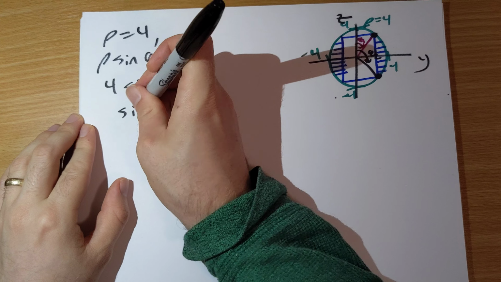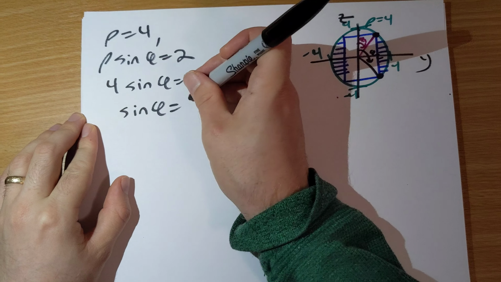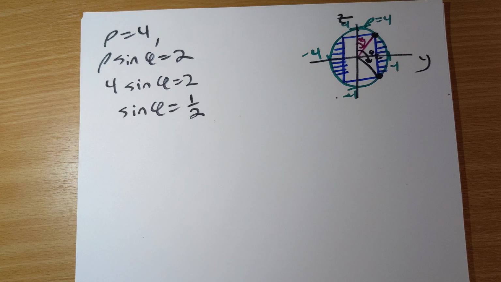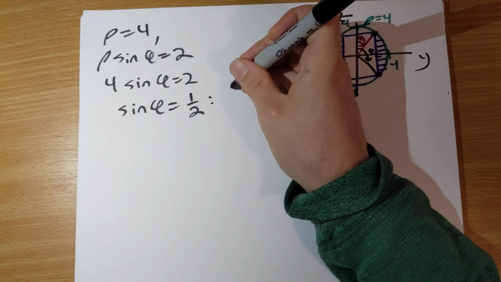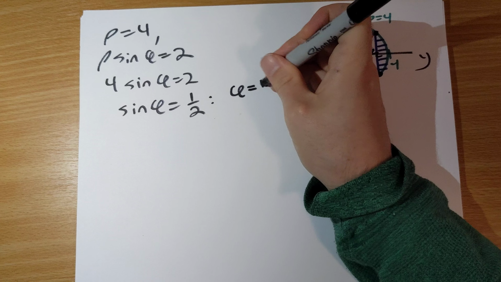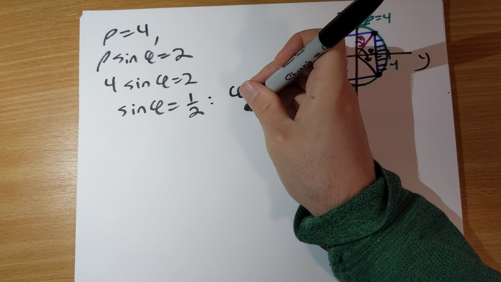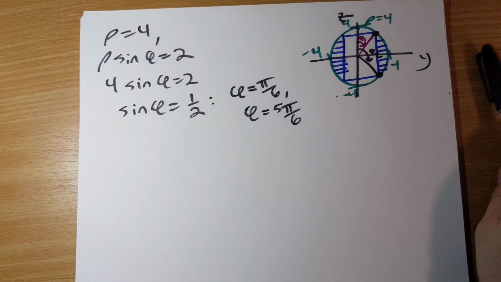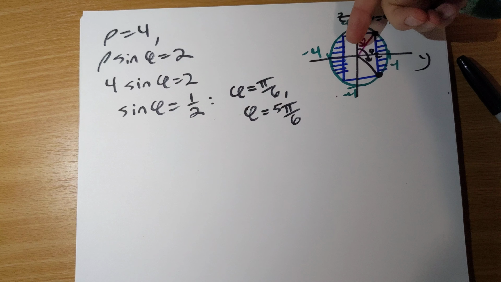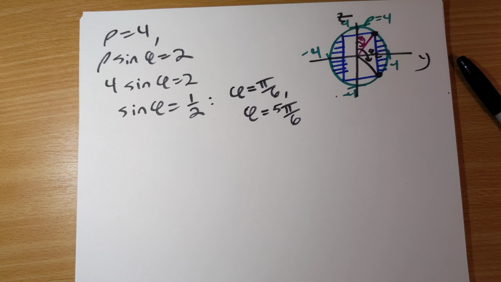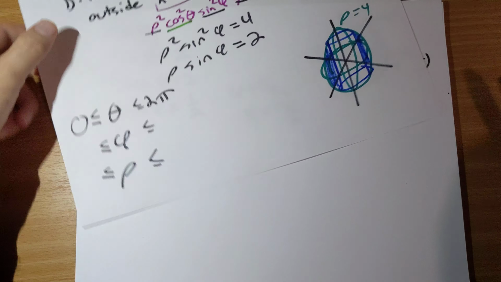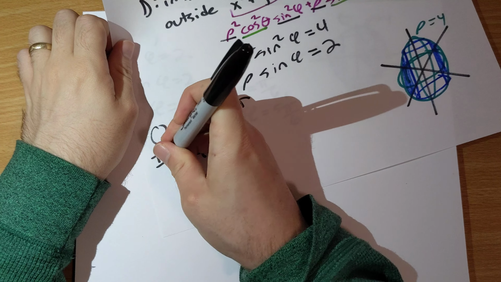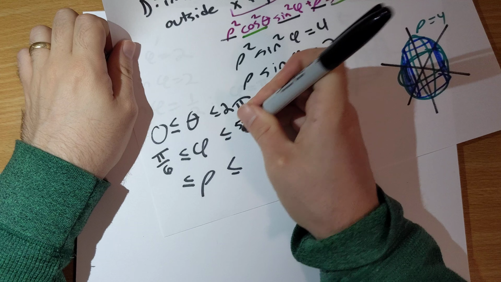Divide by 4, sine phi is equal to 2 fourths, that's 1/2. When is sine phi equal to 1/2? Well, phi is equal to pi over 6, or phi is equal to 5 pi over 6. And guess what? That corresponds to our two phi bounds here, so pi over 6 to 5 pi over 6.